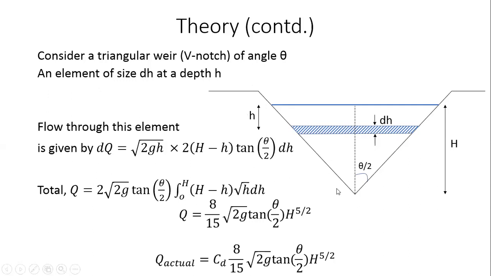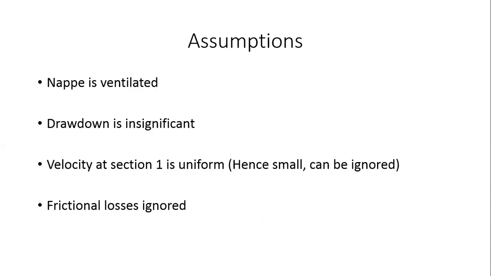That's the only difference between a rectangle and a triangle. The rectangle and triangular shapes are the most common shapes usually used in open channels, so these are the most common examples of weirs.